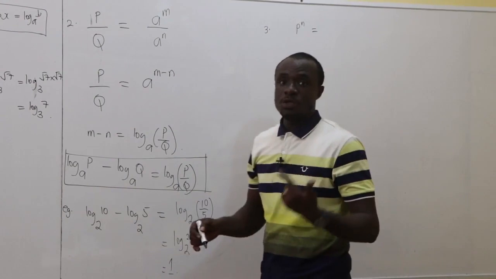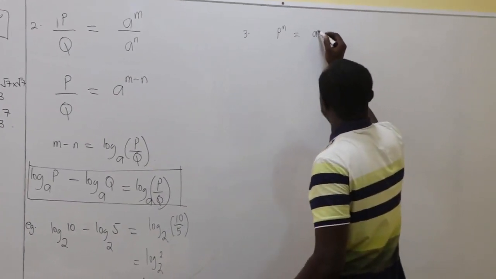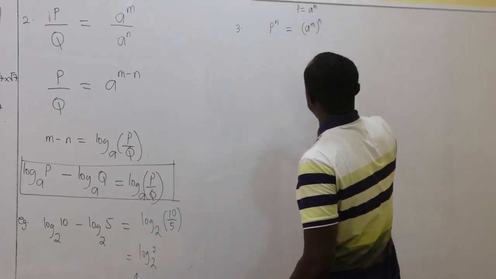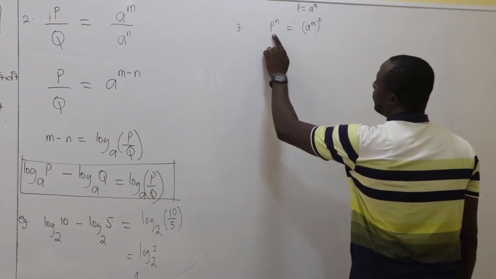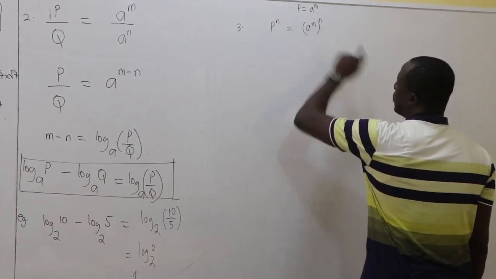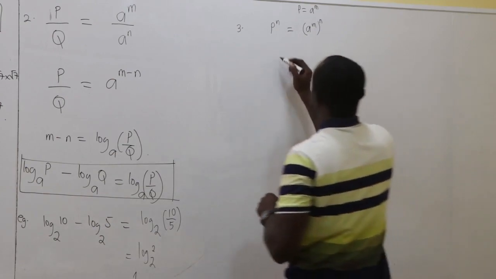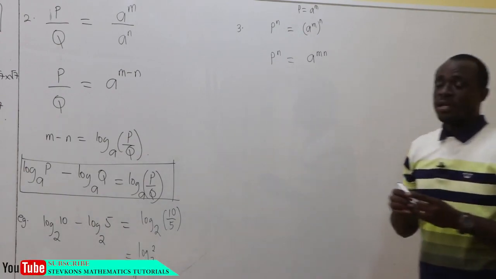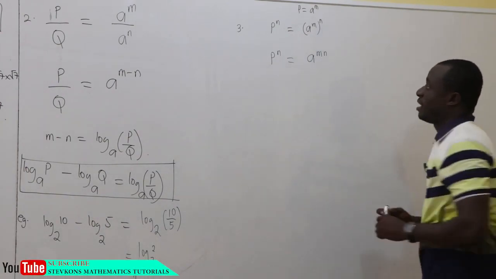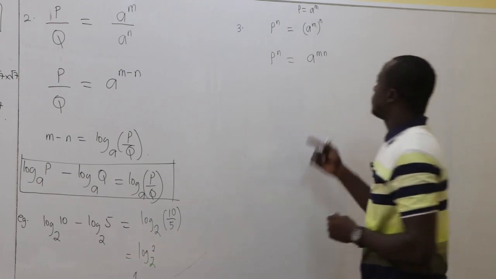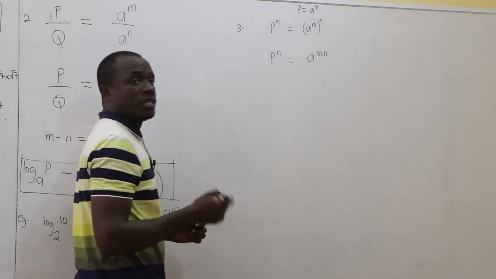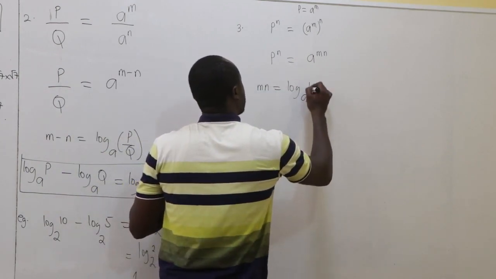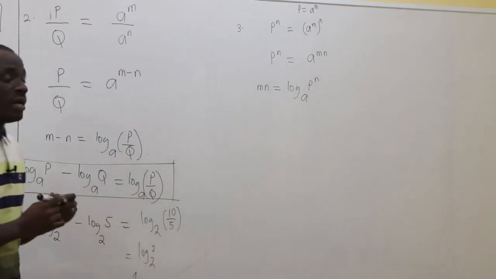We knew our P to be A to the power M. Initially we said P is equal to A to the power M. So if you have P to the power N, then you have A to the power M all to the power N. And this is just equal to A to the power MN. From laws of indices, M will multiply the N. Hence from the definition of logarithm, clearly MN is equal to log A of P to the power N.